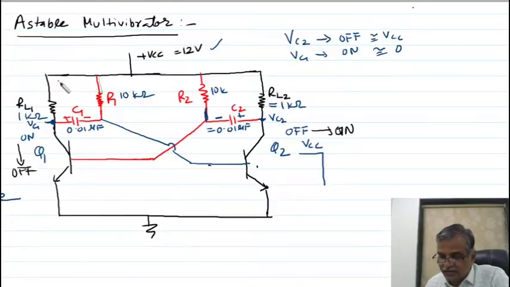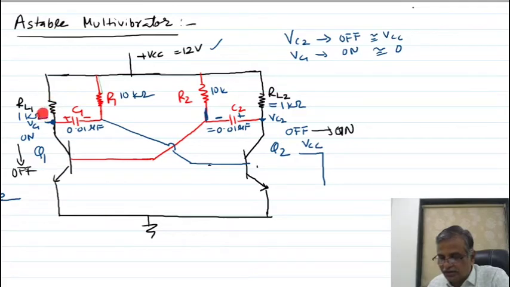The reason is that during the charging time of this capacitor, some voltage is developed across RL1, so you will get some less voltage here at the collector of the transistor than VCC. But after a short time, you will get here the voltage, which is nothing but VCC.